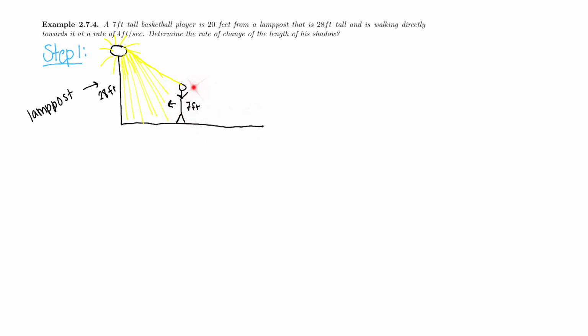The light stops right there. And the shadow that is cast, so if I draw a line, if I just continue this down, the shadow that is cast is right here. That is the shadow that he has cast.